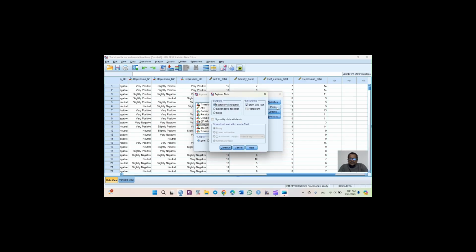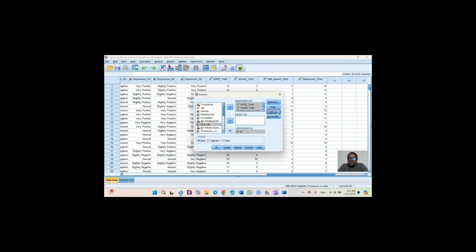In the Plots box, I will select histogram. I don't want stem-and-leaf. You can tick histogram. And another important part is normality plots with tests, which will provide us the Kolmogorov-Smirnov and Shapiro-Wilk test. That's good.